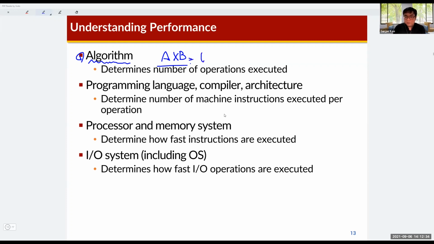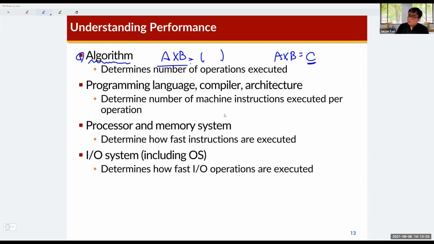The answers are the same, right? If we perform A multiplied by B, then the answer should be C, and this answer should be correct, okay? But we can apply various types of algorithms. So we can apply some more efficient algorithm for this matrix multiplication.